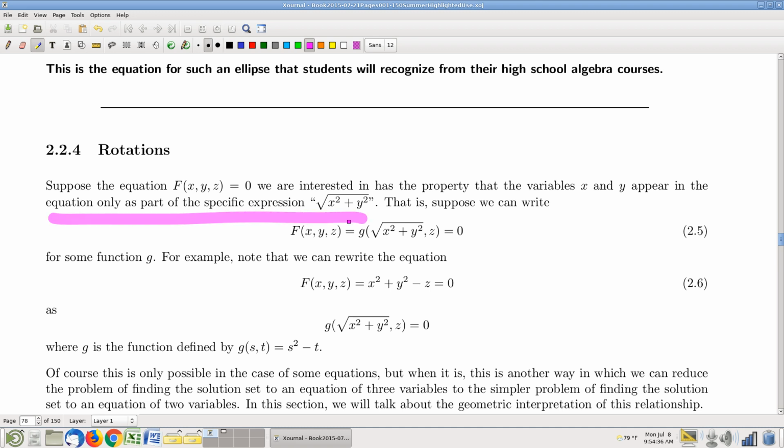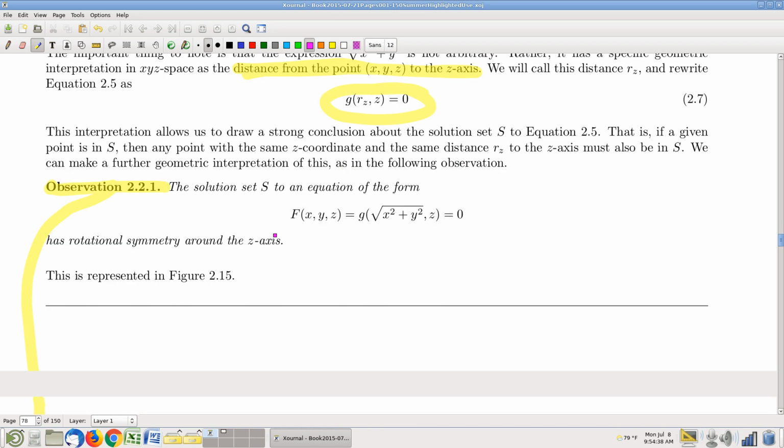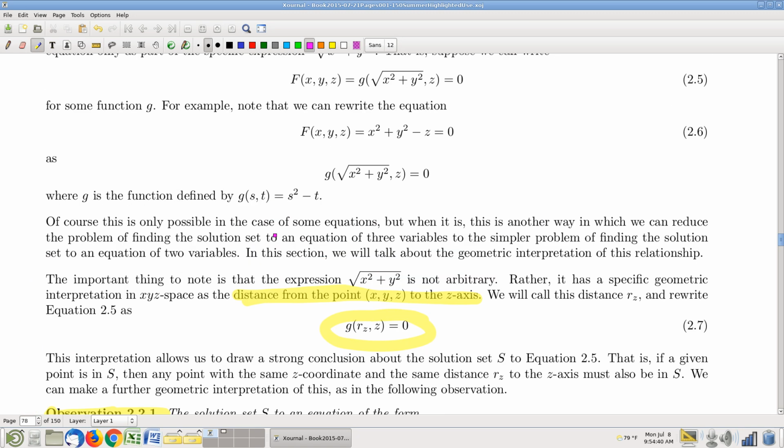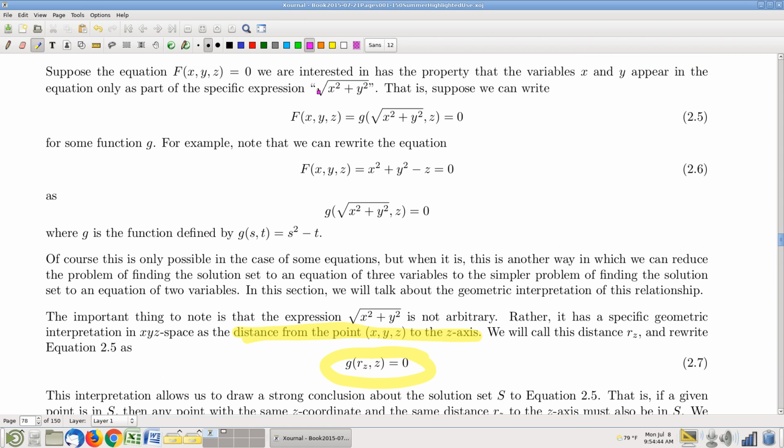And let me take you through a multi-step process to reason through what that is. First observation: notice that this little magic expression we're talking about, square root of x squared plus y squared, is the distance to the z-axis. I'm going to call that r sub z. I'm going to just draw the picture out and think it through.